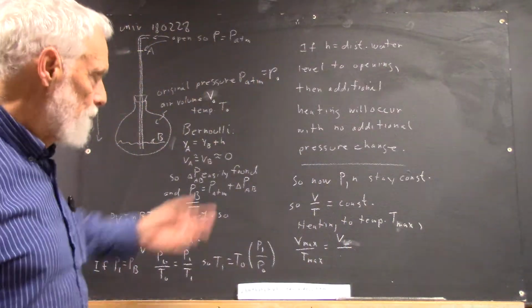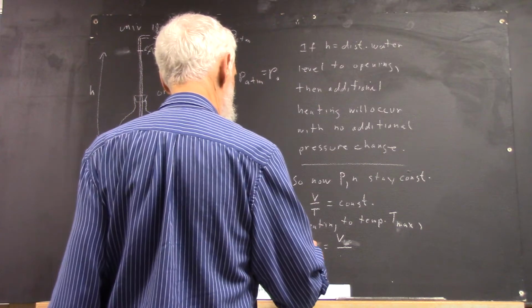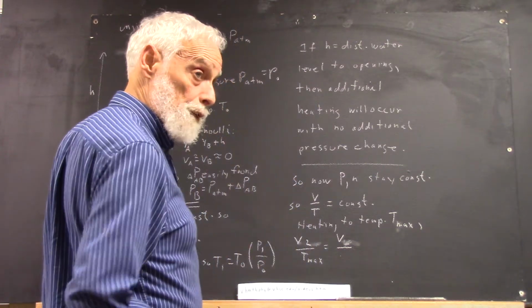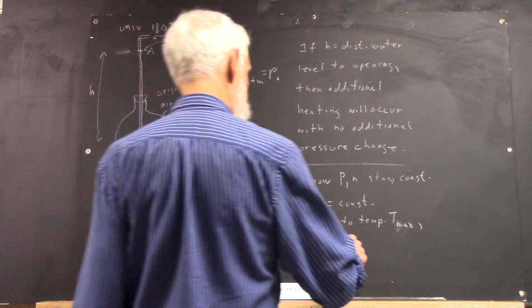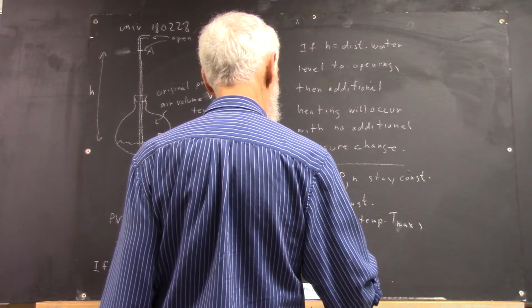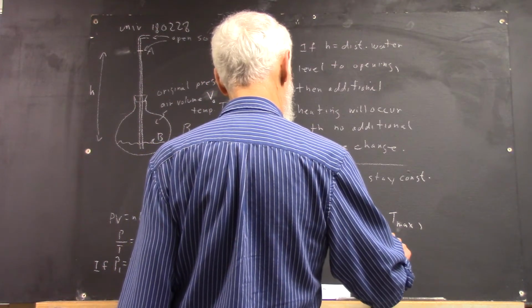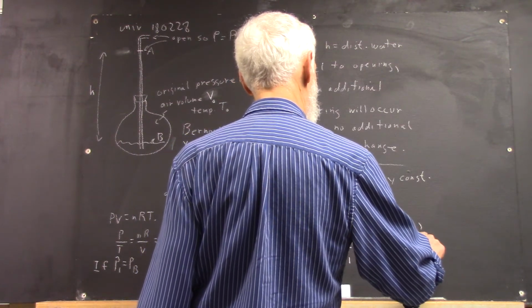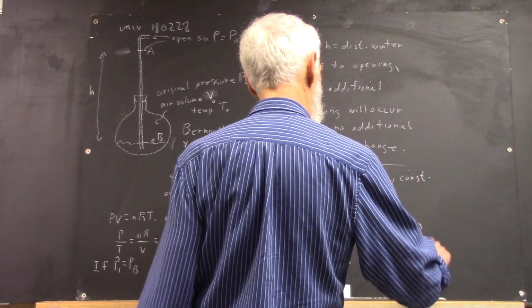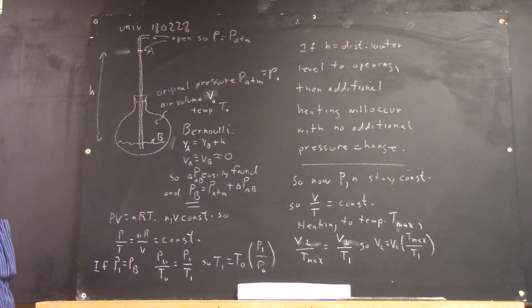I'm just getting messed up with subscripts. I've got to call this not V max but V2. But V2 over T max is going to equal V1 over T1, so V2 equals V1 times T max over T1. Makes sense? Okay.